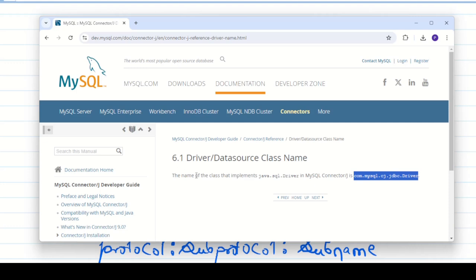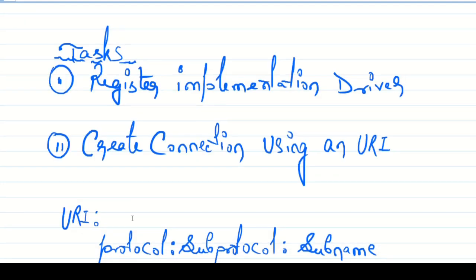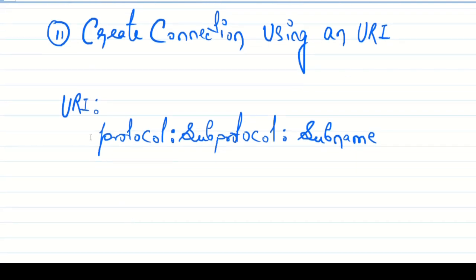and then after that we need to get a connection using a URI. So the URI format given by the specification is this. So you will have a protocol, which will always be JDBC. Then the subprotocol is basically if there is any other kind of protocol that one is using.